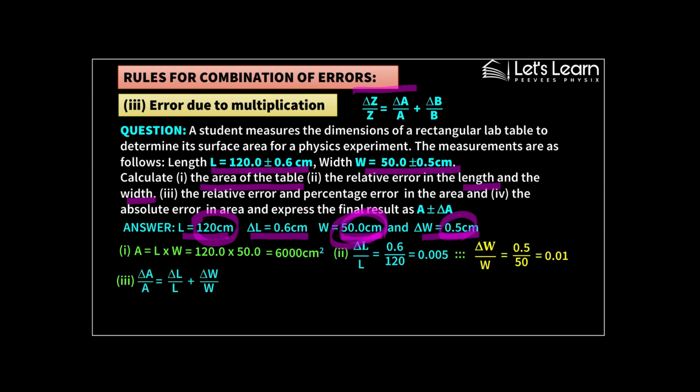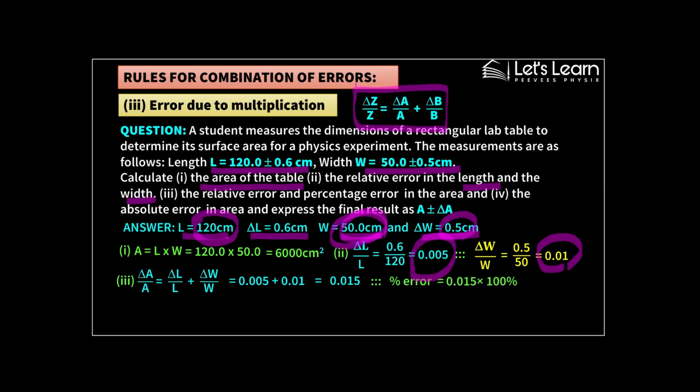The rule says you add the individual relative errors. The first relative error in length is 0.005 plus relative error in width is 0.01. You add them together, which gives you 0.015. And how do you find the percentage error? Times 100, which will give you 1.5 percentage.